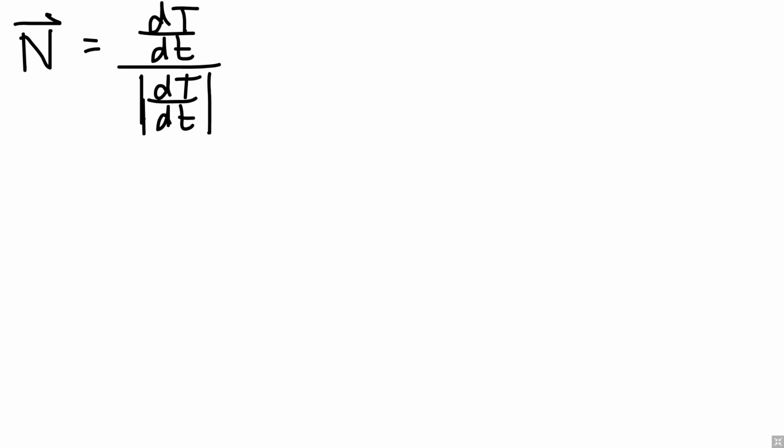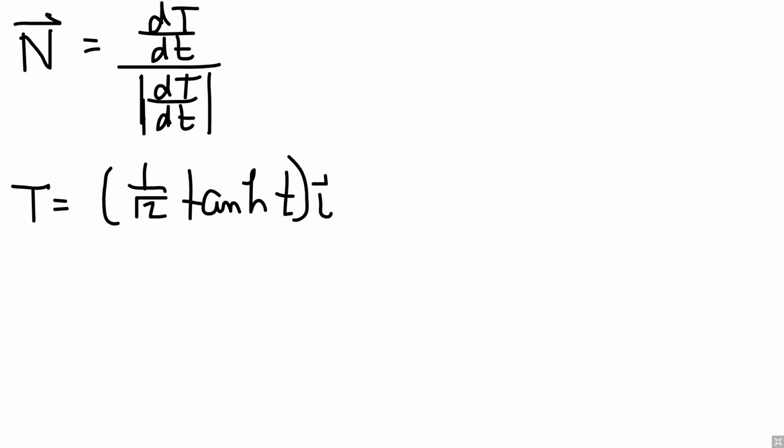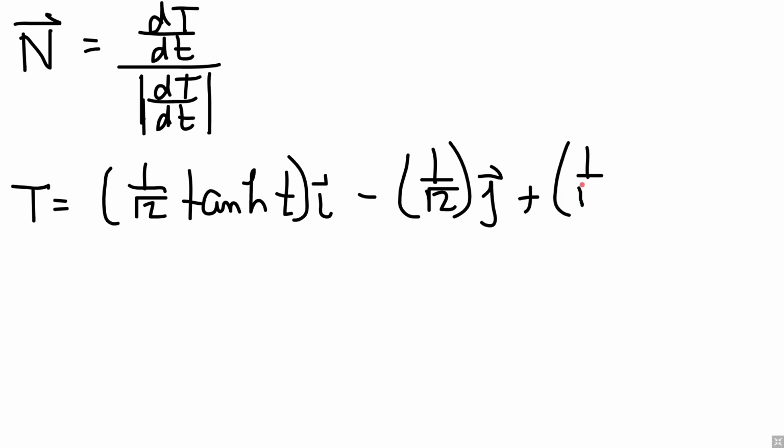So we set the unit tangent, which was defined as 1 over the square root of 2 tangent hyperbolic t in the i direction minus 1 over the square root of 2 in the j direction plus 1 over the square root of 2 secant hyperbolic of t in the k direction.